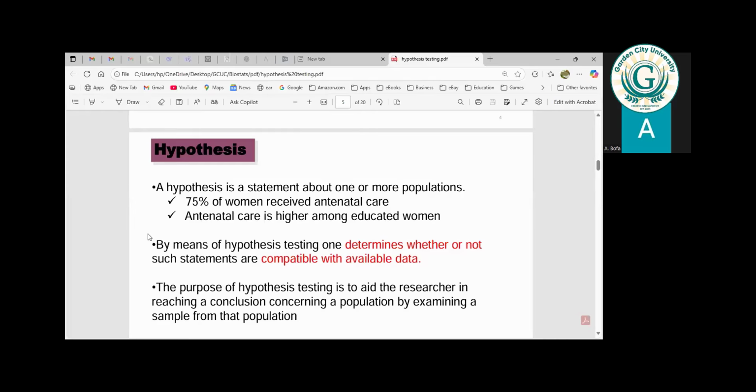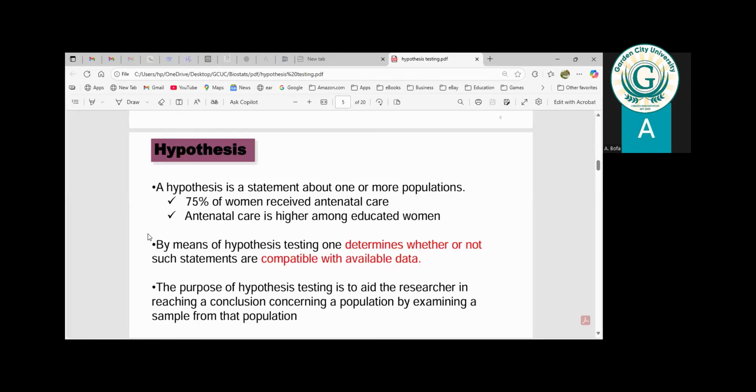So a hypothesis is just a statement about the population. You just make a claim about the population, and this claim can be true or false. On the slides, you can see that someone is making a claim that 75% of women receive antenatal care. So it's a claim. You need to go and check if truly 75% are receiving antenatal care or not.